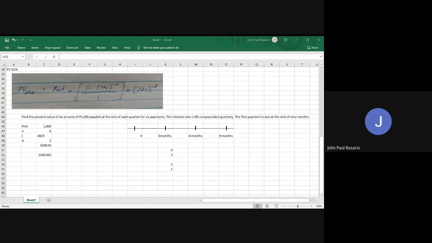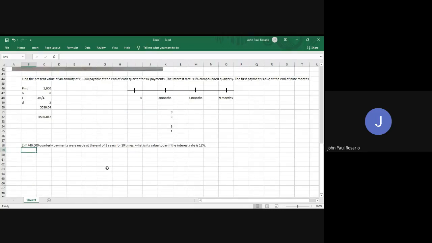Okay, let's try this one. If 40,000 quarterly payments were made at the end of 3 years for 10 times, what is the value today if the interest rate is 12%? Okay.